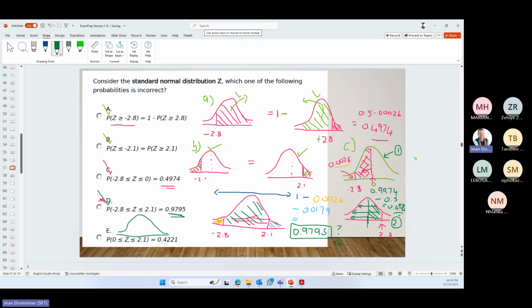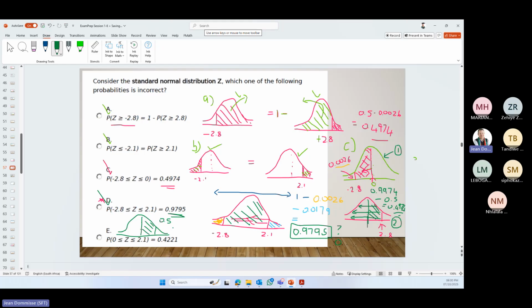So they say small or bigger. So there's 0, bigger than that, but smaller than 2.1. Okay, so basically the same that we did in option C, we know to the right side of 0, it's not 0.5.